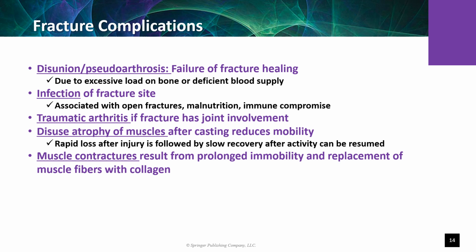Prolonged disuse atrophy can lead to muscle contractures. A contracture is a shortening of the muscle and the tendon that attaches it to the bone. Immobilization after a fracture or its surgical repair is the most common cause of contractures. The muscle length shortens because of the loss of sarcomeres.